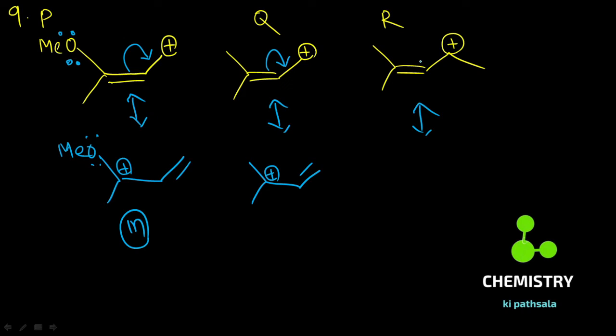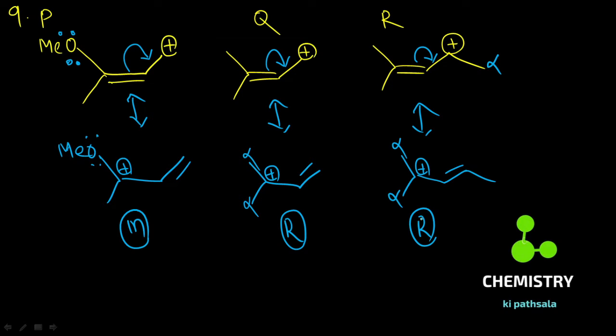In this case, you will get it like this. Got it? Here you will find alpha hydrogens, here you will find alpha hydrogens, here you will find alpha hydrogens. So if you calculate, in both cases they are resonance stabilized. That means you can simply say they are stabilized by resonance.